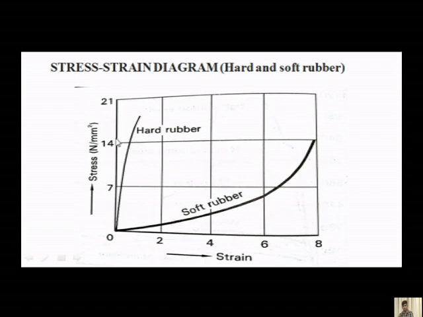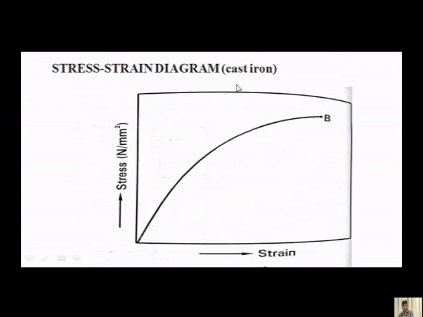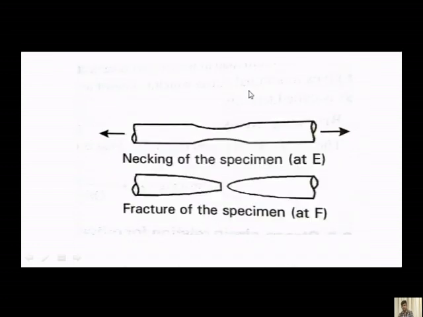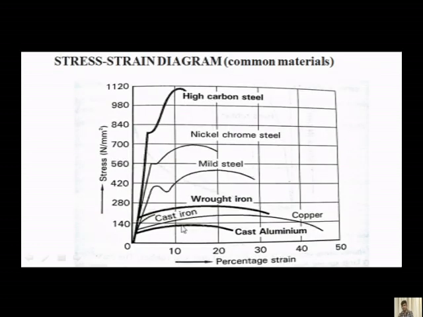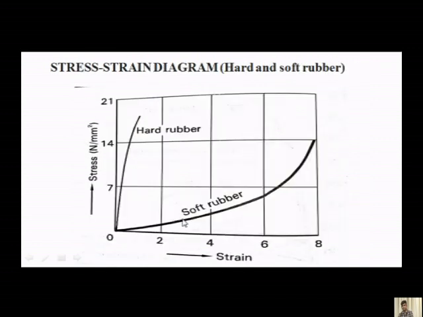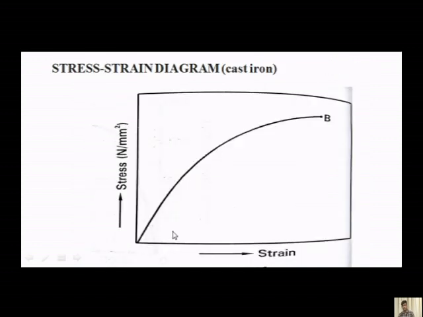Soft rubber, hard rubber, some ultimate breaking point is there for this. For cast iron, as I told in the main graph, here it is cast iron. See, it looks to be almost proportional, stress to strain. That means it is under the limit of elasticity.